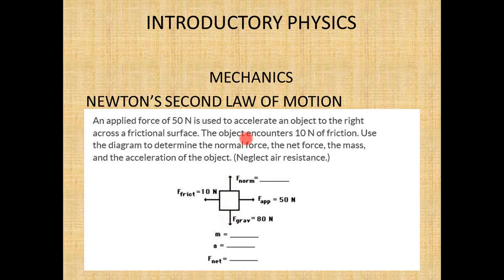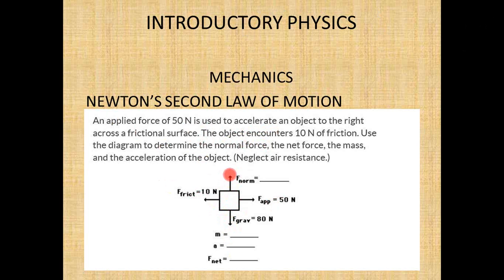An applied force is acting on this object, and it's accelerating to the right. And then the frictional force. So we draw the forces that we know: the frictional force, the applied force, the force of gravity, and the normal force. The force of gravity and normal force balance out each other. So these are balanced forces.